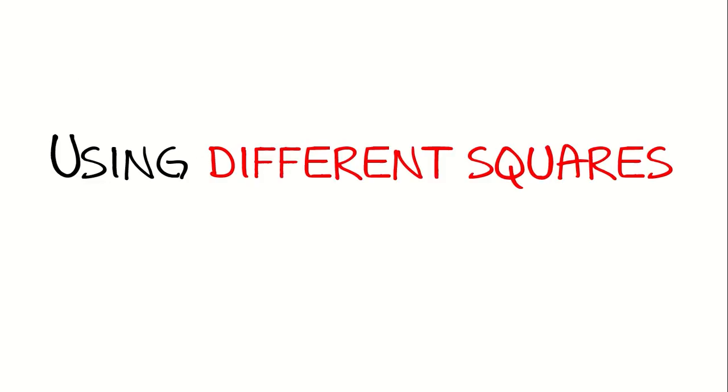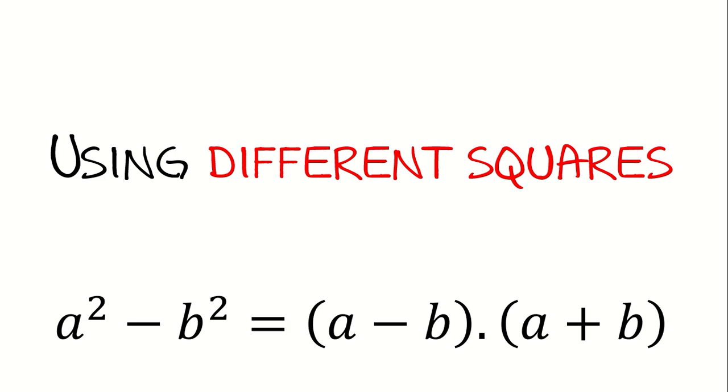The difference of squares theorem says that if we have two terms, both of which are square terms, like a squared and b squared, and they are different from each other, the result can be written as: a squared minus b squared is equal to the product of two terms.